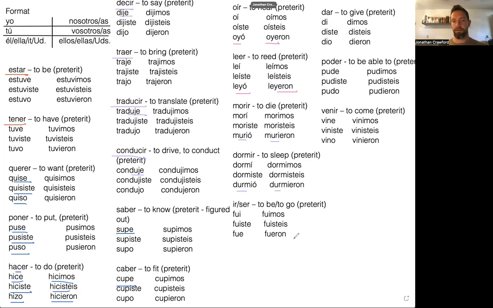Then the interesting thing about ir and ser is they both have the same preterite conjugations. And so yo fui means I went or I was, depending on what you're talking about. And that's not to be confused with I was in the estar form.